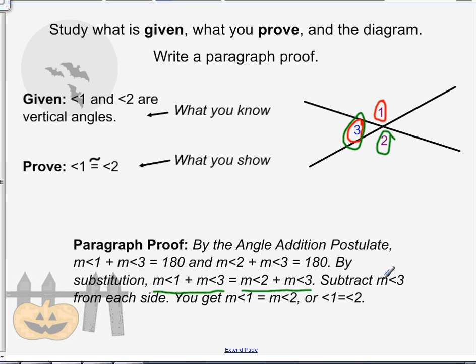Now by subtracting the measurement of angle 3 out of both of these, we actually get that the measurement of angle 1 equals the measurement of angle 2, or that angle 1 is congruent to angle 2. Alright, I know it seems very confusing. We're going to do one more example, and then it should make more sense.